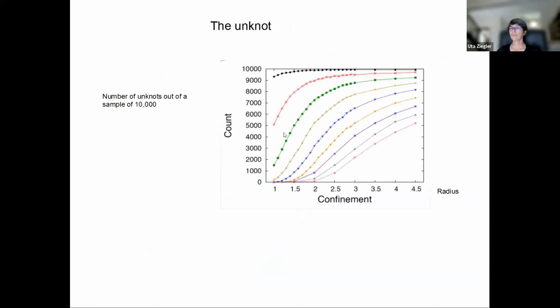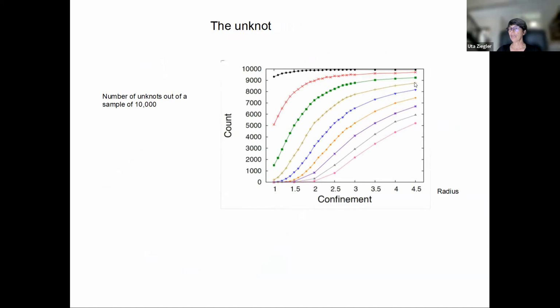Okay. So now we're looking at some of the knots. These are the unknots. Again, on the x-axis, we have the confinement. On the y-axis, we have how many we are seeing, and from top to bottom, length 10 to 90.